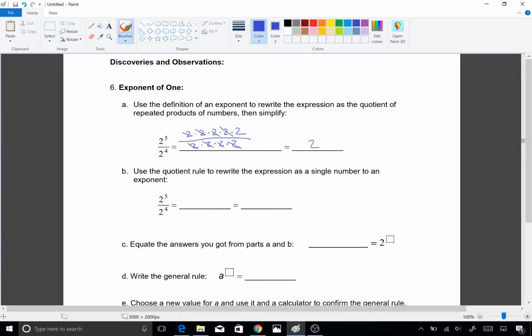With the quotient rule, 2 to the 5th divided by 2 to the 4th is 2 to the 5 minus 4, and that's 2 to the 1. So 2 equals 2 to the 1, and the general rule is that a to the 1 equals a.